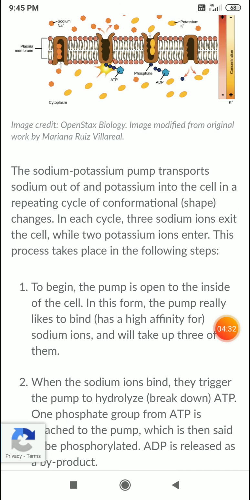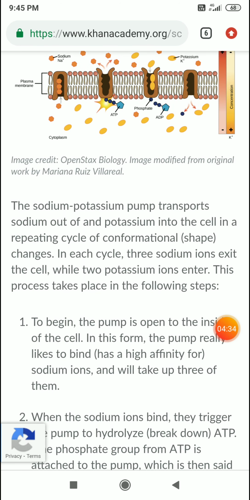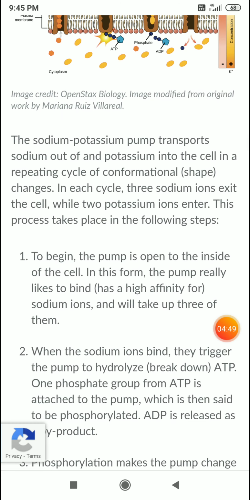To begin, the pump is open to the inside of the cell. In this form, the pump has a high affinity for sodium ions and will take up 3 of them. When the sodium ions bind, they trigger the pump to hydrolyze ATP.